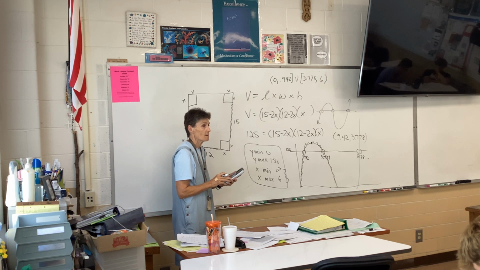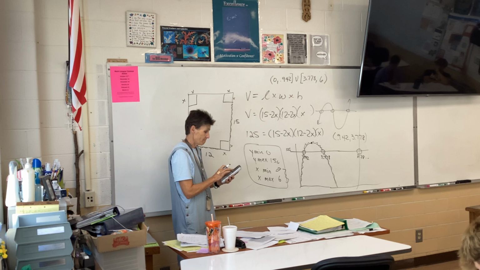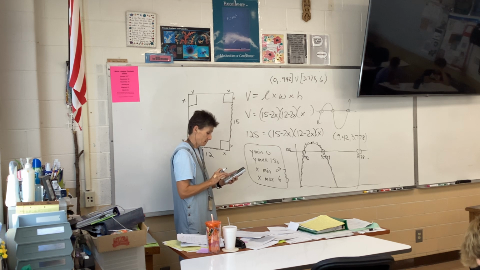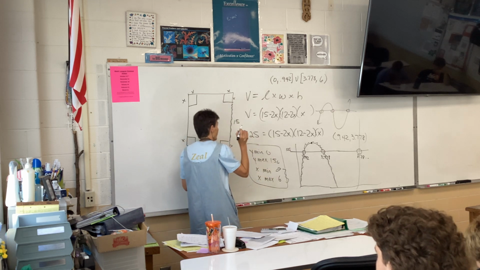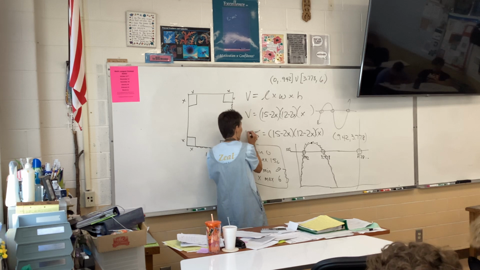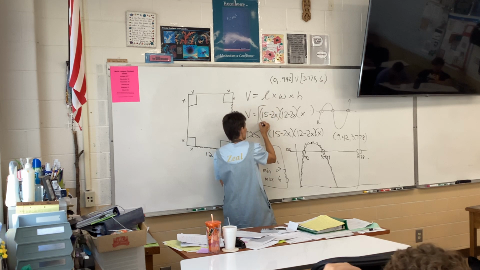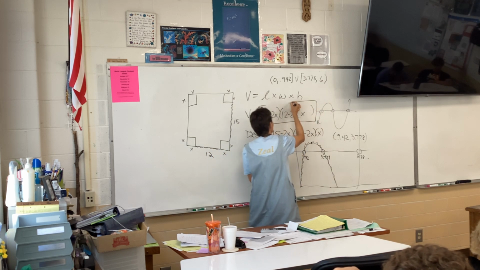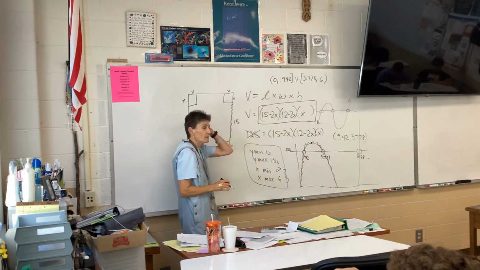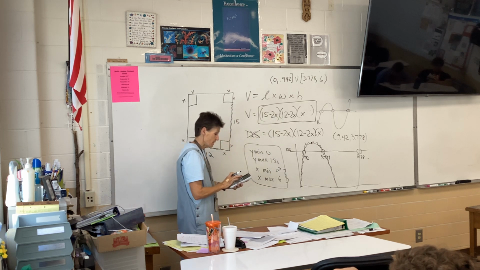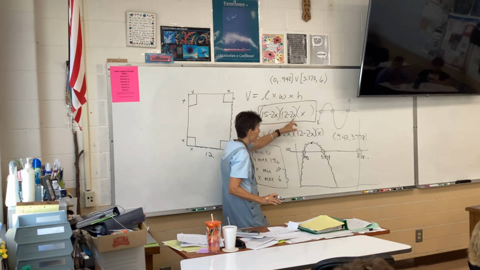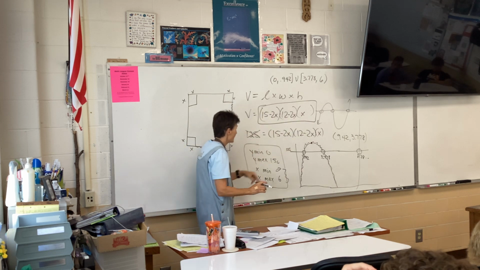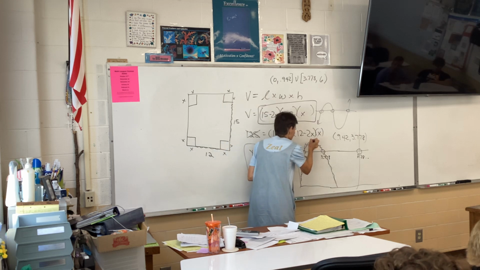Make y bigger. So I go up to 200. Now I can see it. So the 125 doesn't really matter anymore. Now I am just looking at this equation. So you can take out the 125 if you want, just hit clear, because we don't need that anymore. We are now just looking at the volume equation, and we want to find this point right here.